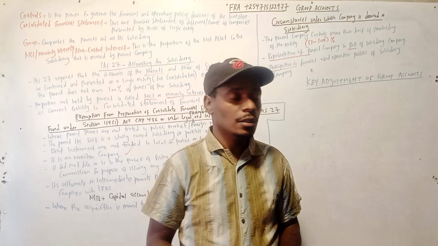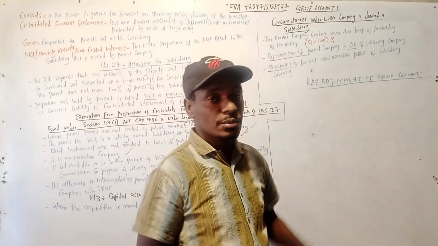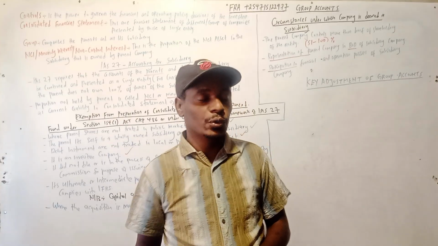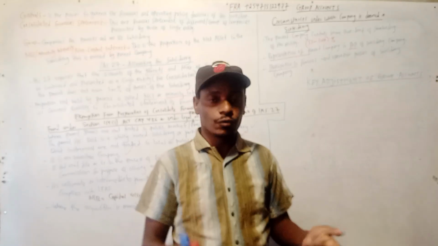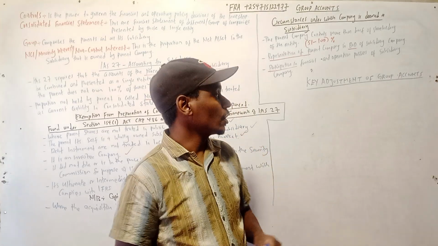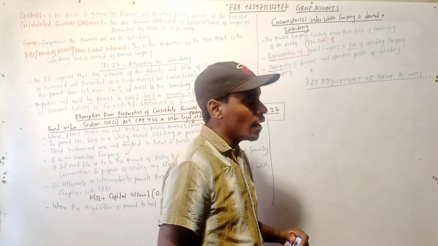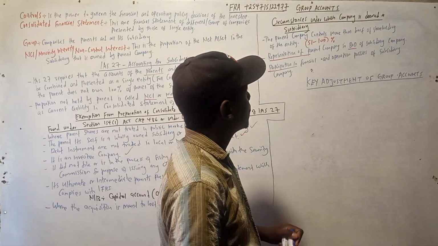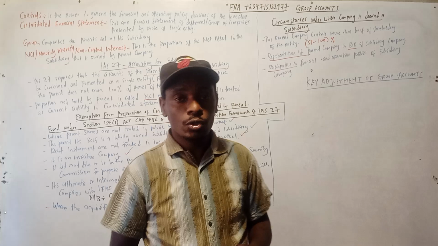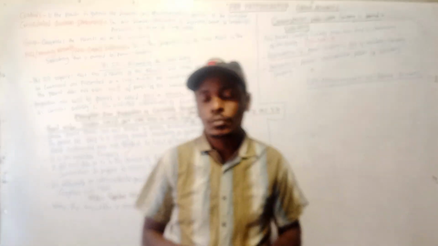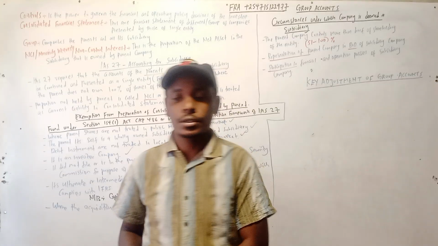So you be very keen, because those adjustments are the ones which you shall find in the additional information when tackling the question of a group account. We shall meet for lesson 2.